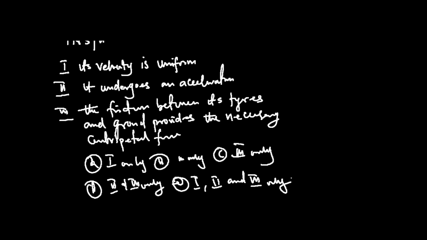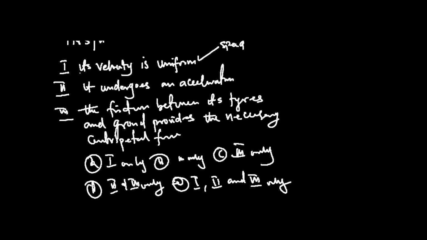I know why you chose E. Let me quickly buttress something here. You see this one here, that its velocity is uniform. It is the speed that is uniform. Though the velocity is constant in terms of magnitude, in terms of direction it's not constant. What differentiates velocity and speed is direction.